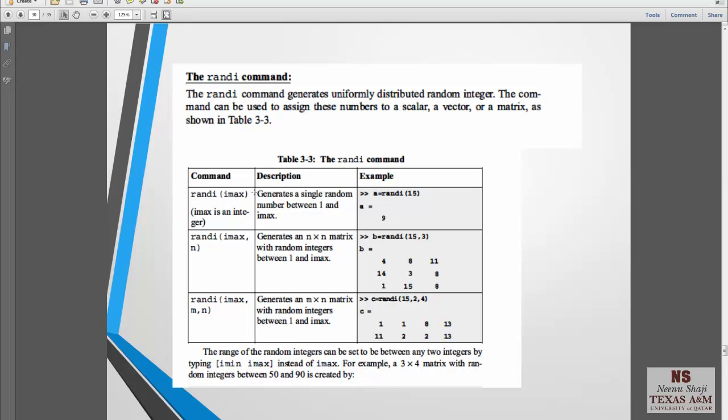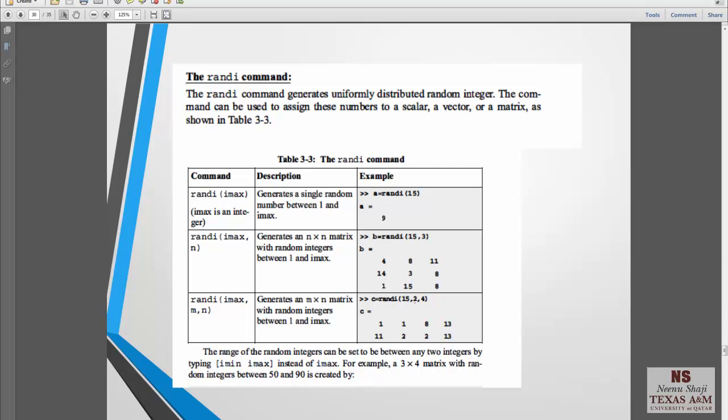randi of Imax, where Imax is an integer, so randi of 15 generates a single random number between 1 and Imax. randi of Imax, n, so we have randi of 15, 3 generates a square matrix of order 3 with elements from 1 to 15. randi of Imax, m, n generates an m by n matrix with random integers between 1 and Imax.